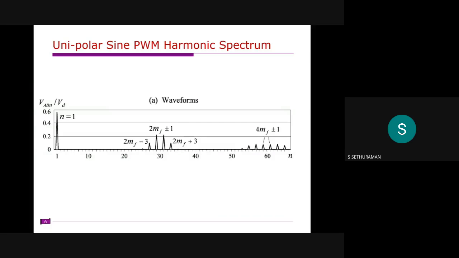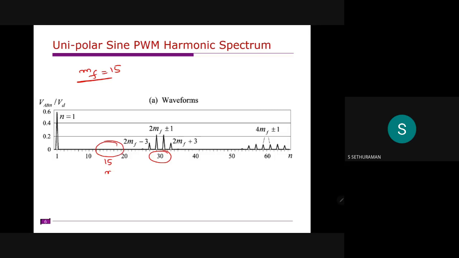Here also we assume that MF is 15, right? So if you notice, this is 15. Corresponding to this 15, there is no harmonic. The entire harmonic at MF is not present, but you have harmonic at 2 MF.